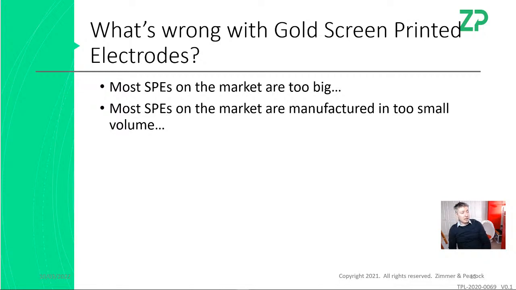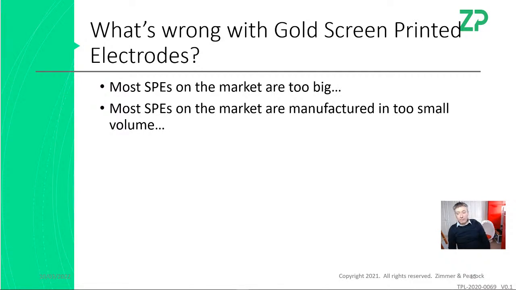If you talk to people who've been doing R&D for years, they won't complain about the ZP sensors or the ZP screen printed electrodes, but they will complain about others, and they say that the quality's not good. They're made in such small volumes that they're almost not manufactured. They're made in a batch, and then they may not make that sensor for months again. They make a batch, put them on the shelf, sell them. When they run out, they make more.